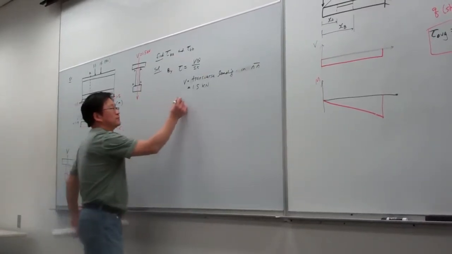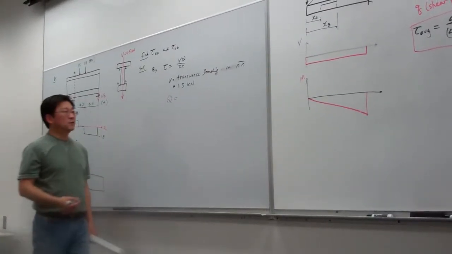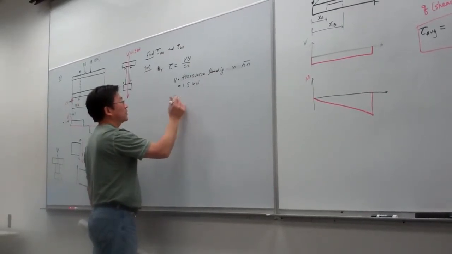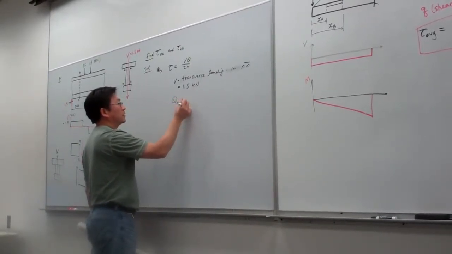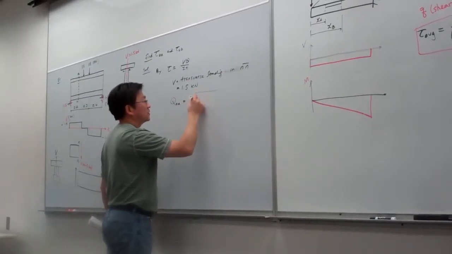And now the Q, which we call the first moment of area. What is Q exactly? For example, say at QAA. Here, let me redraw our section.